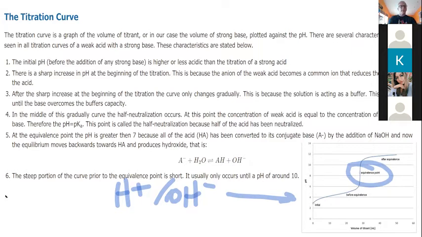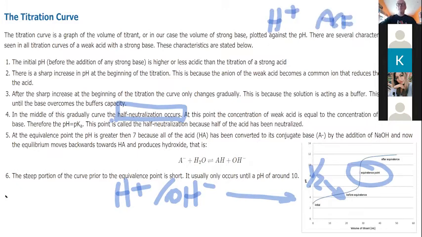So that's at the equivalence point. So at the half equivalence point, which is around there, about half the volume it takes to get to the equivalence point, we call that the half equivalence or half neutralization point. Now, the reason why that's important is that at that point, the concentration of H plus and acetate ion will be the same.